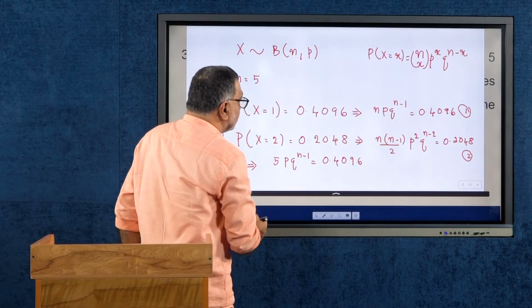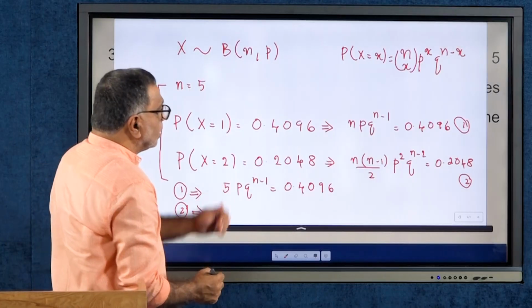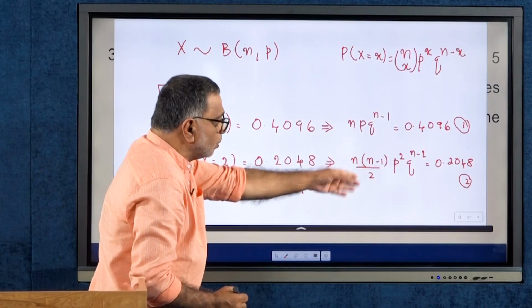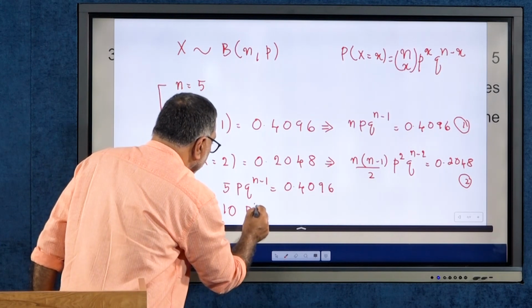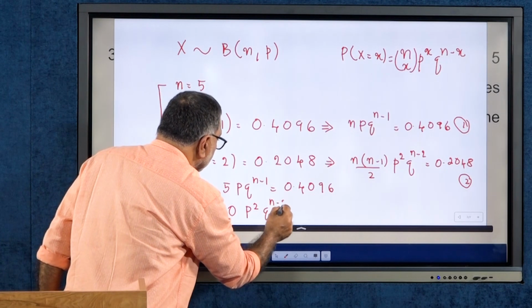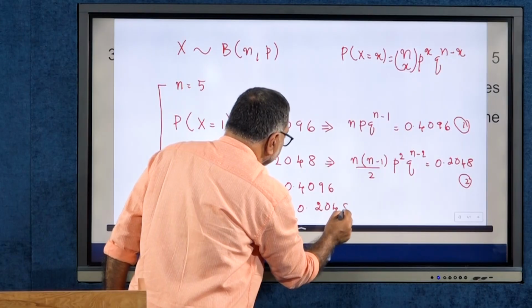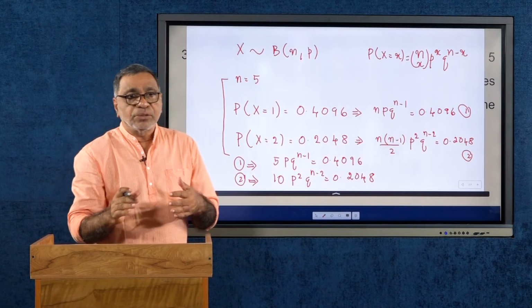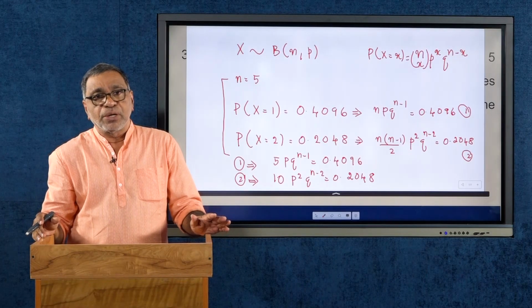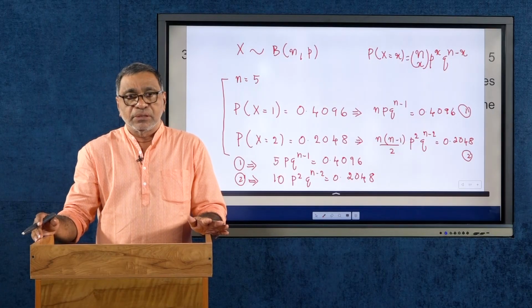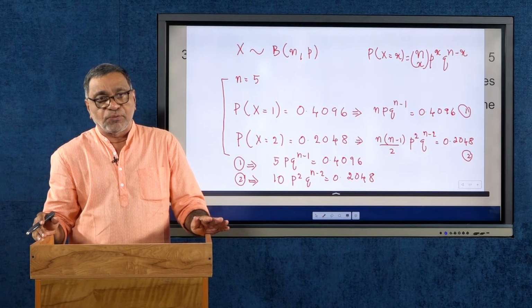When you substitute n is equal to 5, the second equation reduces to n into n minus 1, that is 5 into 4 divided by 2, that is 10, p square q power n minus 2 is equal to 0.2048. So, the given two equations are 5 p q power n minus 1 is equal to 0.4096 and 10 p square q power n minus 2 is equal to 0.2048.